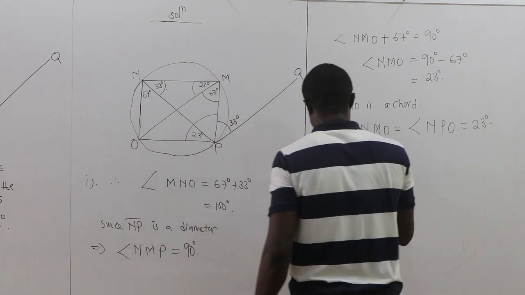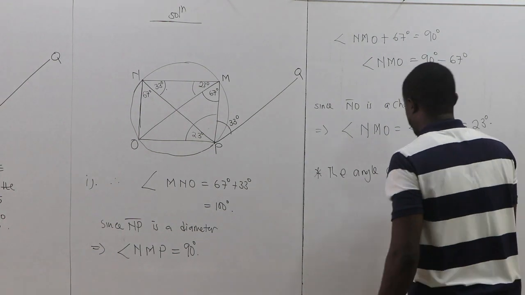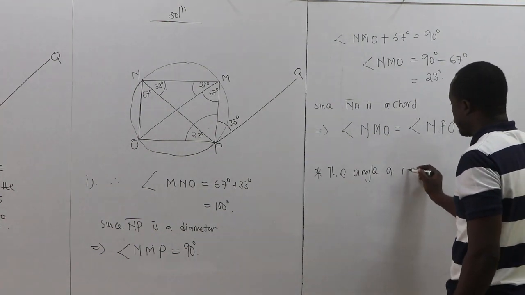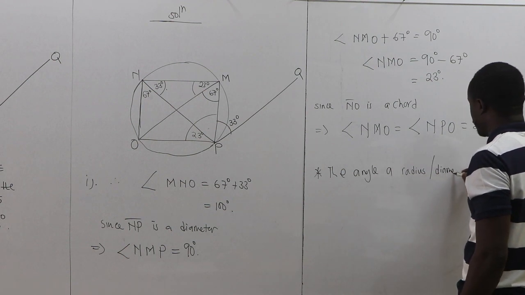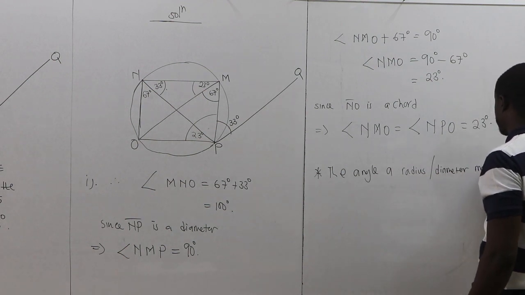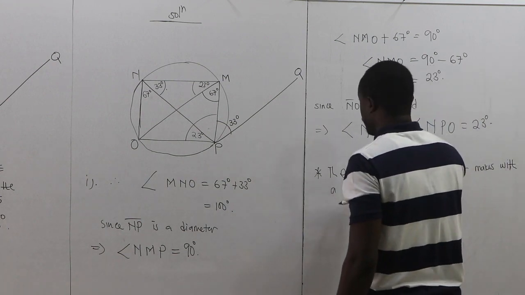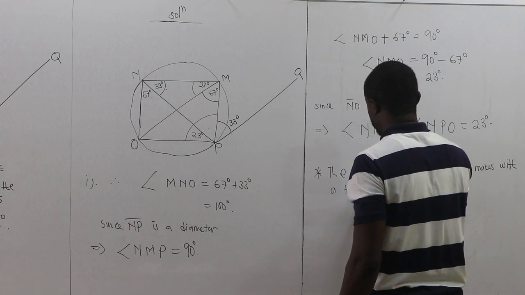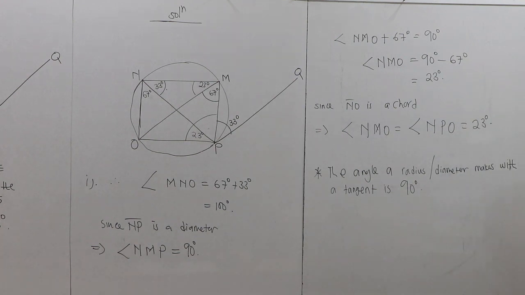That is, the angle a radius or diameter makes with a tangent is 90 degrees.